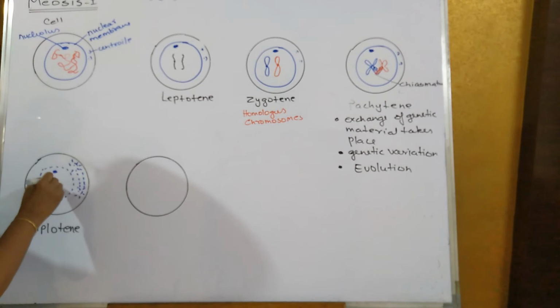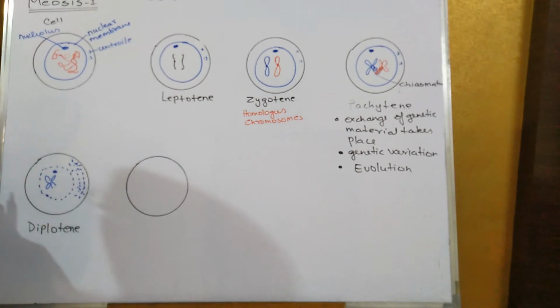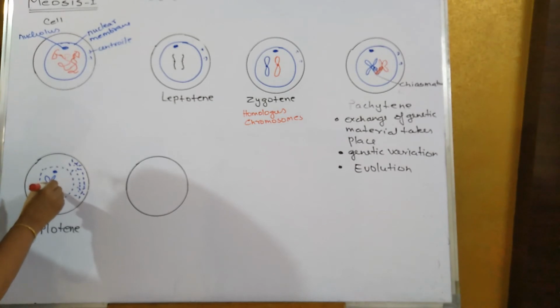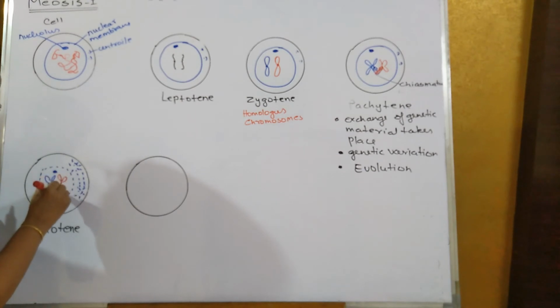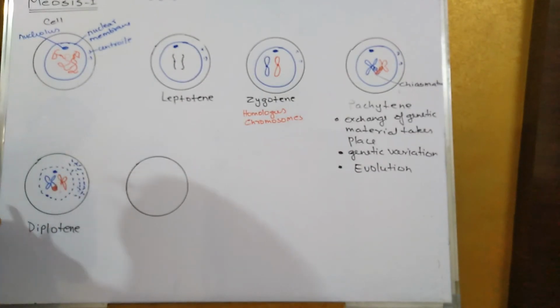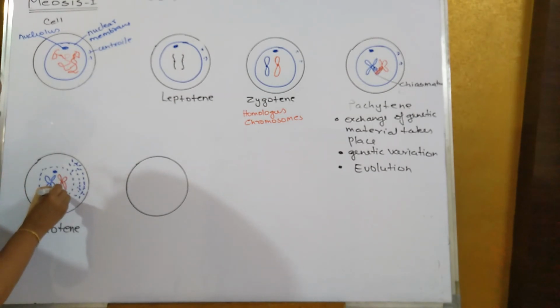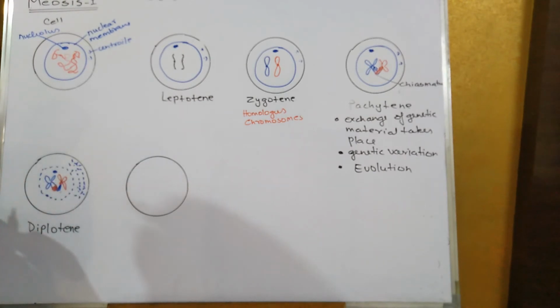So the chromosomes repel each other. यह exchange of material, जो genetic material exchange हुआ है उसके बारे में है। So they try to repel each other.